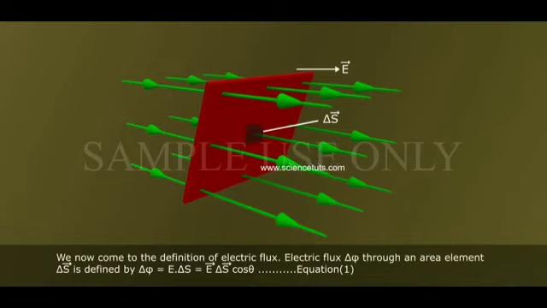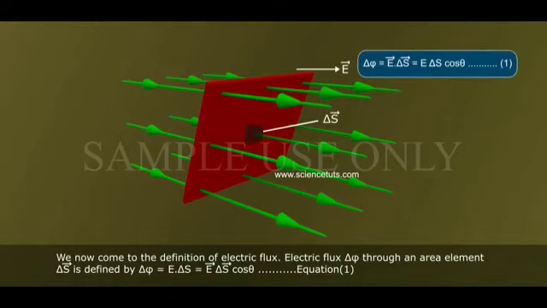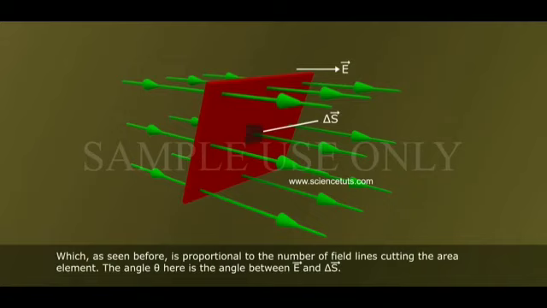We now come to the definition of electric flux. The electric flux delta phi through an area element delta S bar is defined by delta phi equals E bar dot delta S bar equals E delta S cos theta, equation 1, which, as seen before, is proportional to the number of field lines cutting the area element.